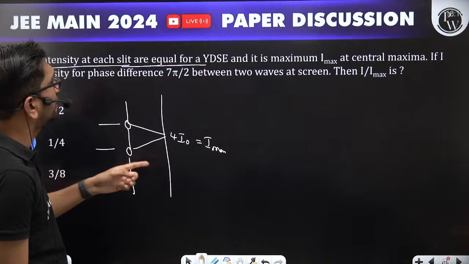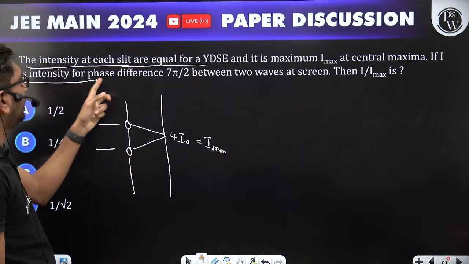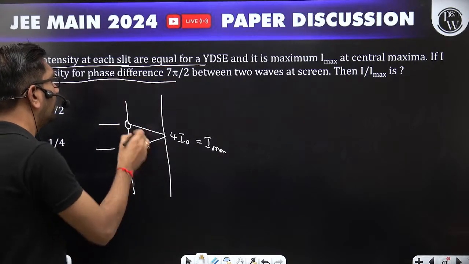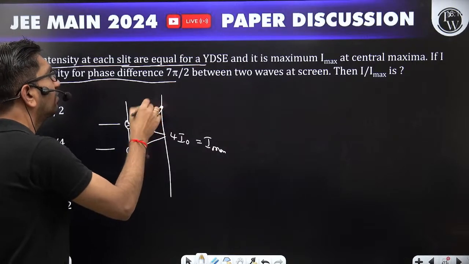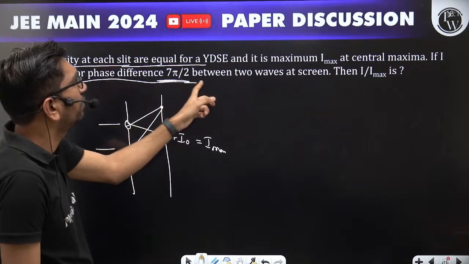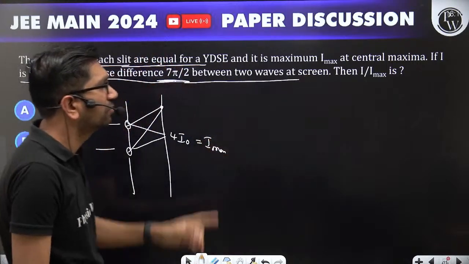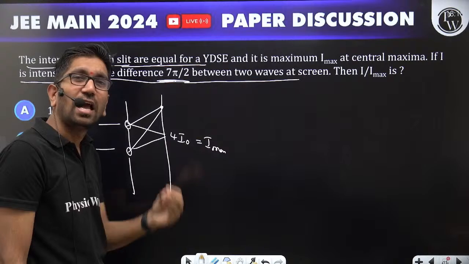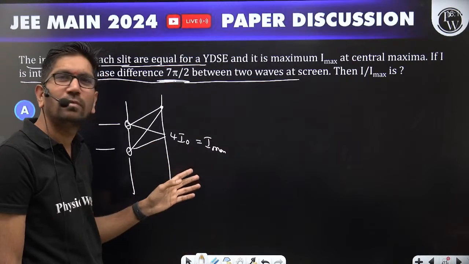At the central maxima, if I is the intensity for a phase difference of 7 pi by 2 between the two waves at the screen, then find I by I max. So many numericals you have solved on this.